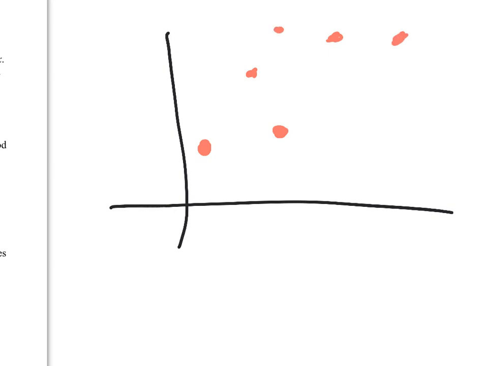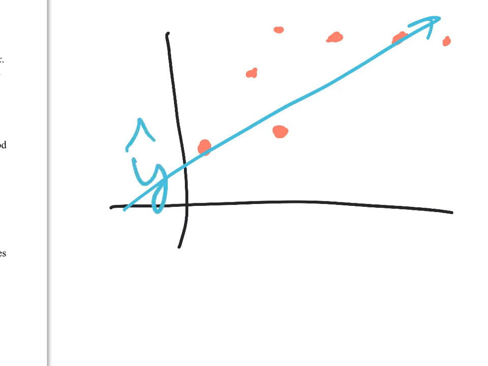If you had a best fit line that was created through some well-meaning data points, and the best fit line came out to look something like this, and that's my y hat.